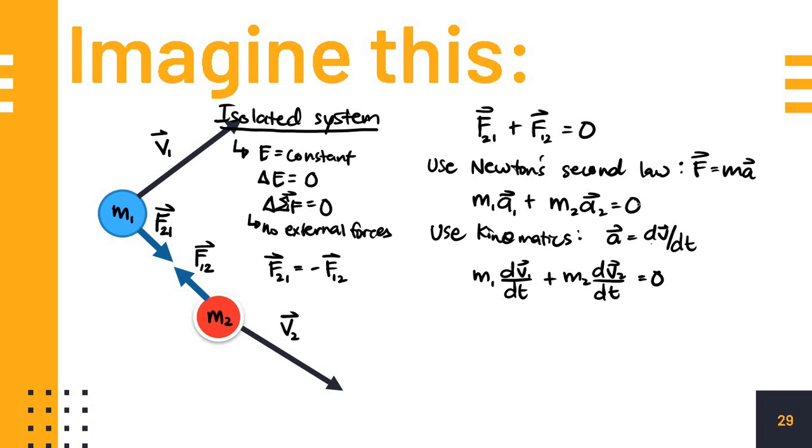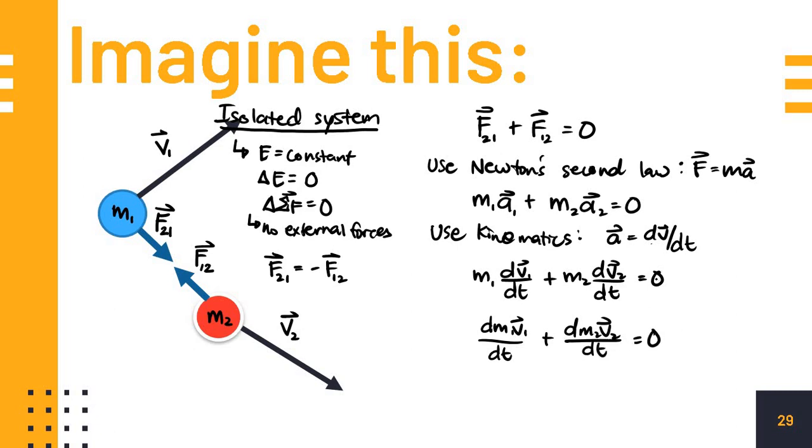Now since the masses of these particles are constant, it is a constant property of matter, we can include them within our derivative. So our derivative would look like this: d(m1 v1) over dt plus d(m2 v2) over dt is equal to 0.